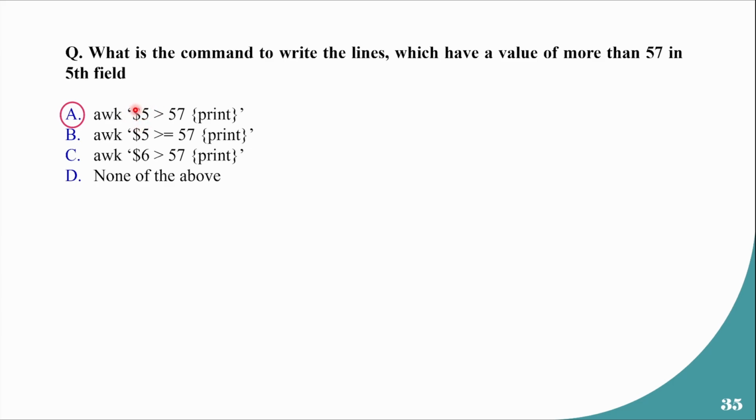It is taking the $5, or the 5th field or column, and applying a condition that it is greater than 57, right? And then it is printing that out on the terminal, right? So this one will indicate that wherever the $5 or the 5th field has a value greater than 57, those lines will be given as the output.